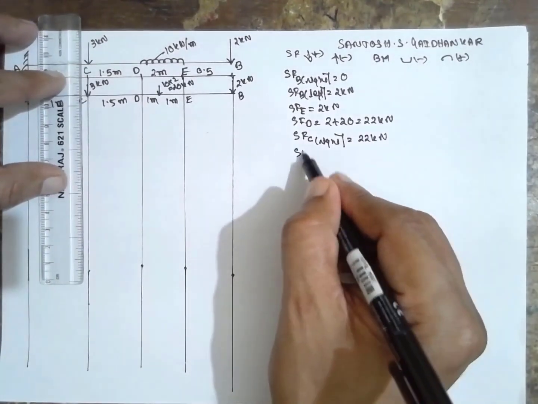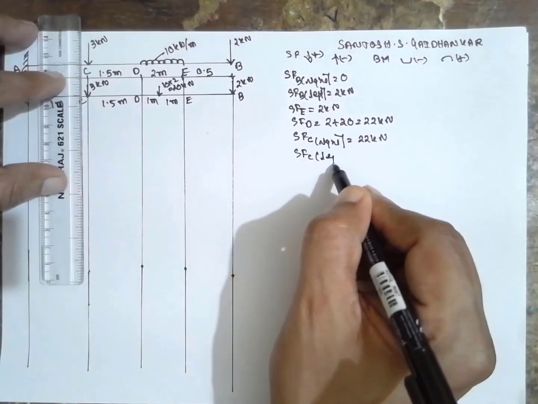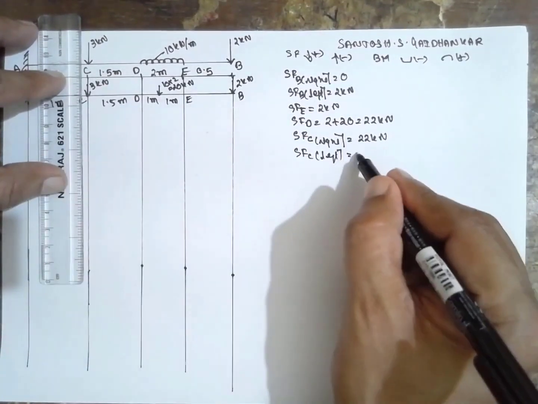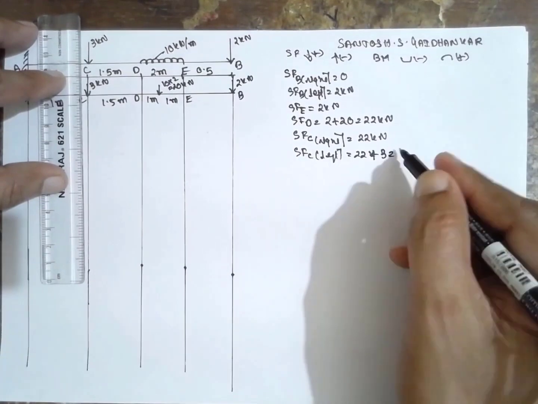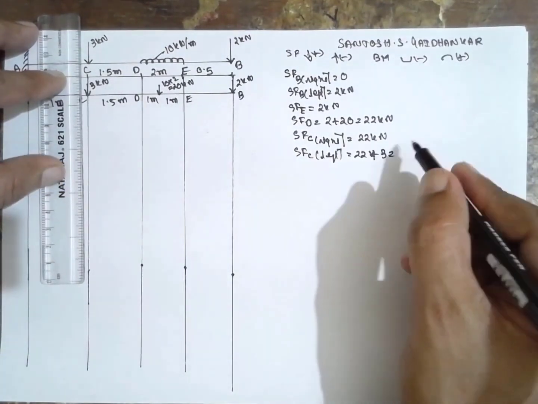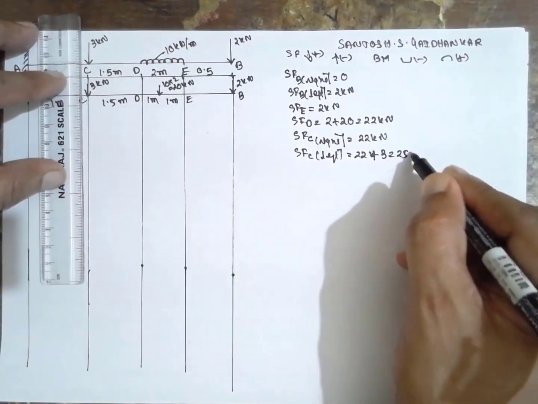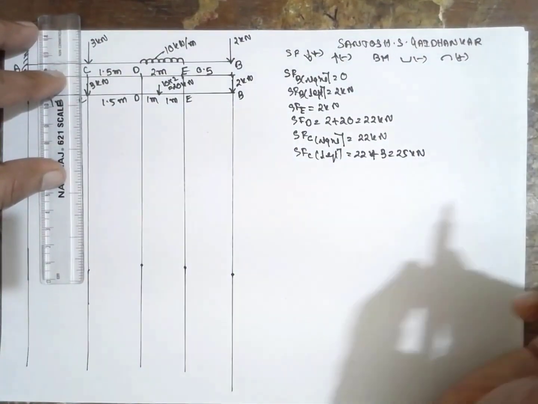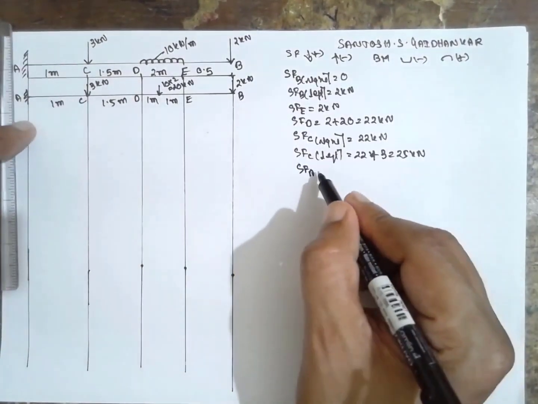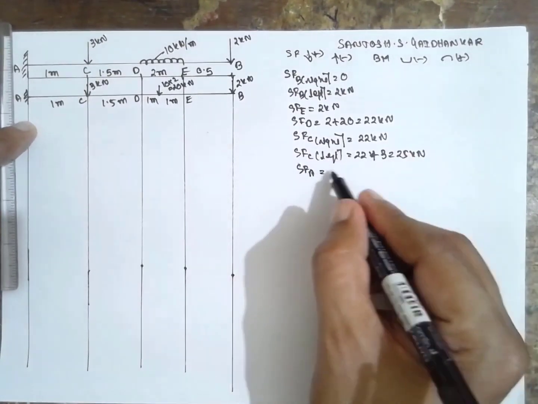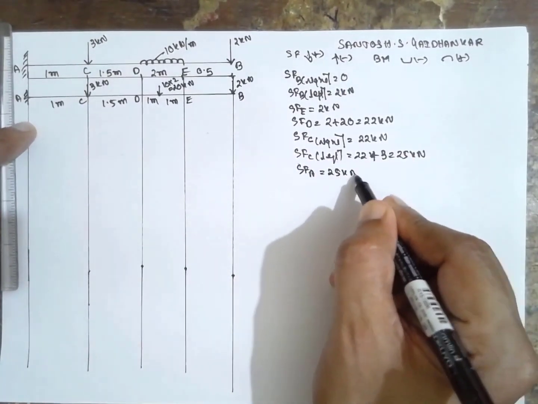On the left, SF at C you have to consider 3 kilonewton. 22 plus 3, 25 kilonewton. And SF at A, there is no load, a single value, the previous value, 25 kilonewton.